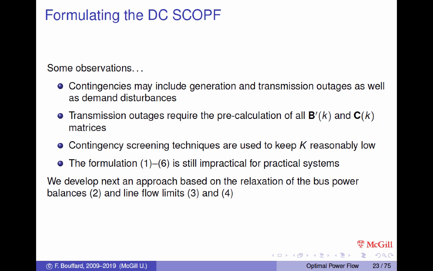So clearly, in a practical system, even if we use what we call contingency screening techniques to try to weed out component losses that we know for sure will not affect the solution, because there are more demanding constraints or more demanding issues that might come about and that will effectively set the solution, the fact of the matter is that this formulation is still impractical for real systems, especially if time is an issue.